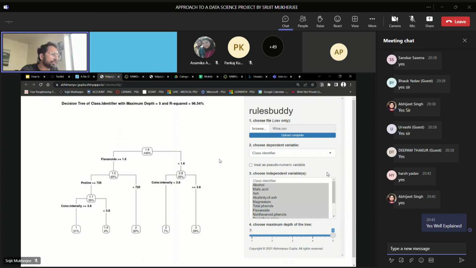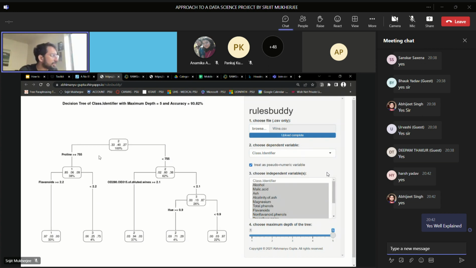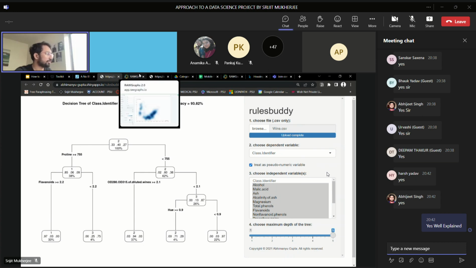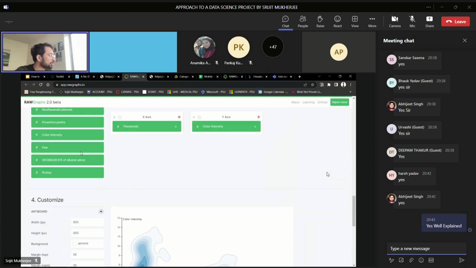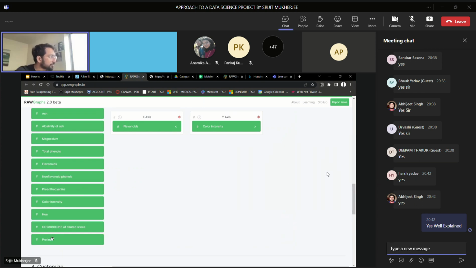So let's try to also do it using this pseudo-numeric thing. Let's take proline and flavonoids again here. Now it's a different outcome, and you can see 755 for proline.